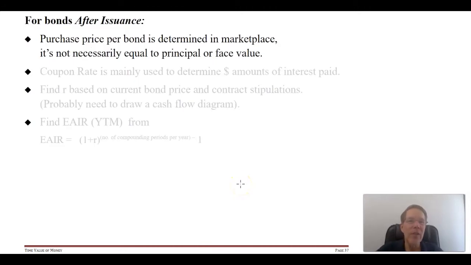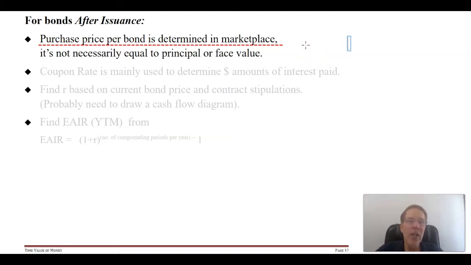Second situation we have to think about for bonds is bonds after issuance, right? After issuance, the price of the bond is determined by the marketplace. If we're thinking of purchasing it today, it's whatever the marketplace has decided that bond is. We saw that in chapter 1 with the HCP bond, right? The price of that bond went down well below face value because of the panic of the moment.